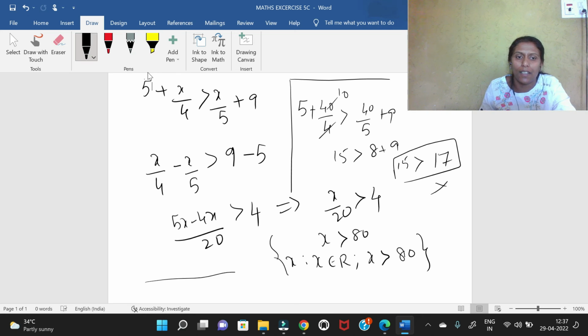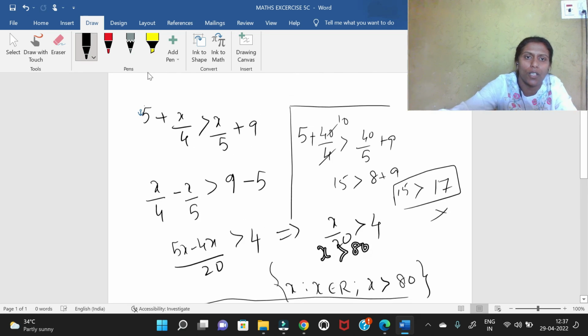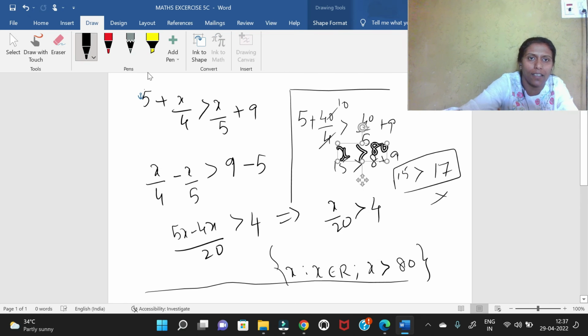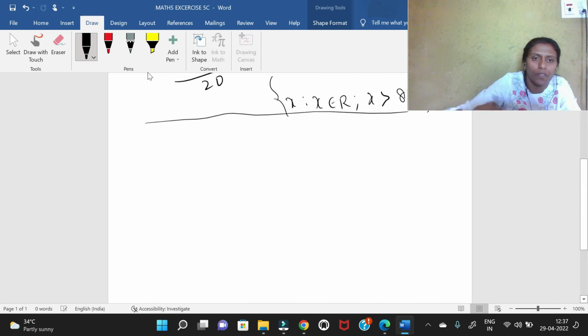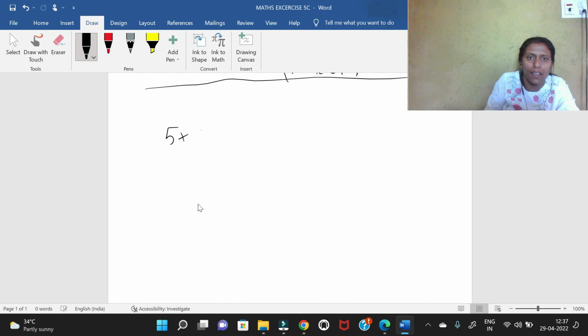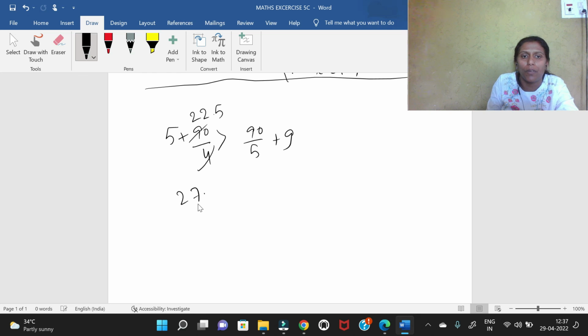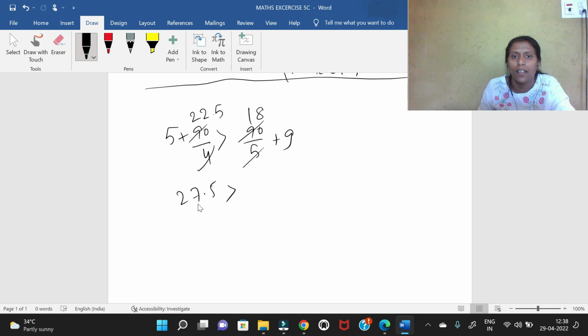Similarly, another cross check. Instead of 80, now I'll take 90, since the solution says greater than 80. So 90 by 4 greater than 90 by 5 plus 9. 90 by 4 would be 22.5, so 5 plus 22.5 is 27.5, greater than 90 by 5, which is 18, and 18 plus 9 is 27.